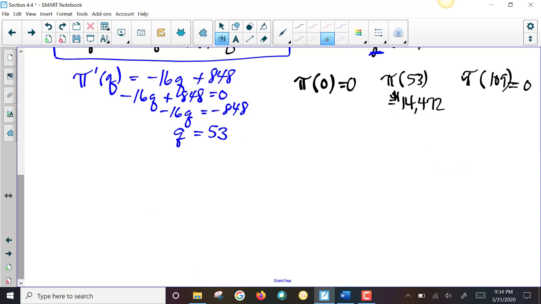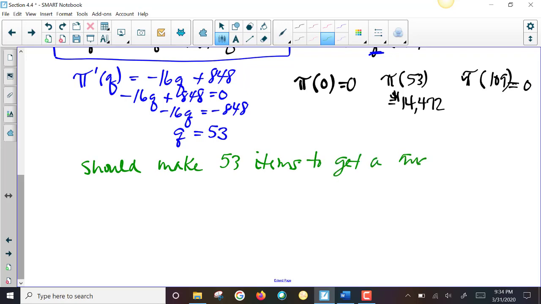Okay, we should make 53 items to get a maximum profit of $14,472.